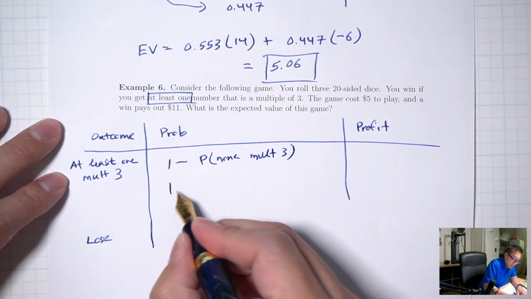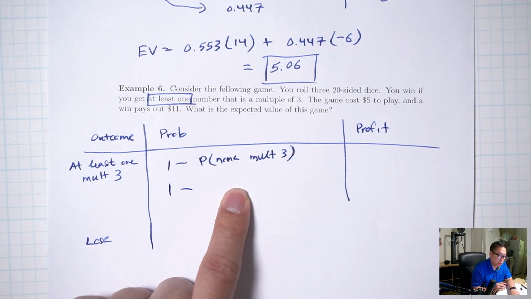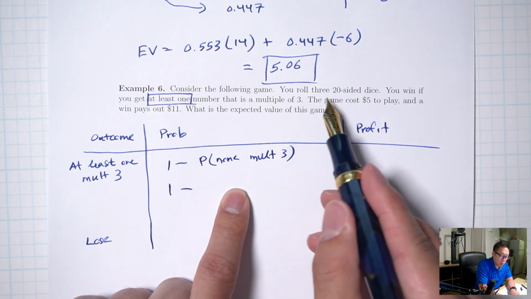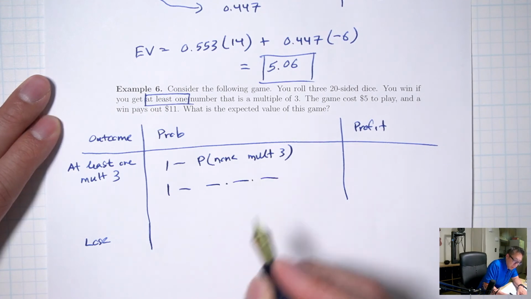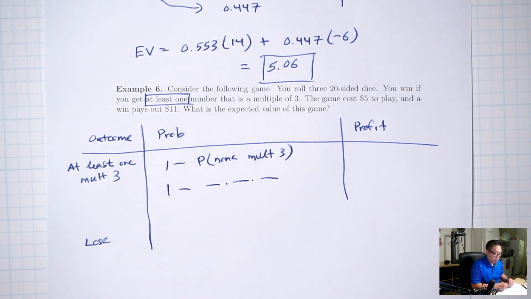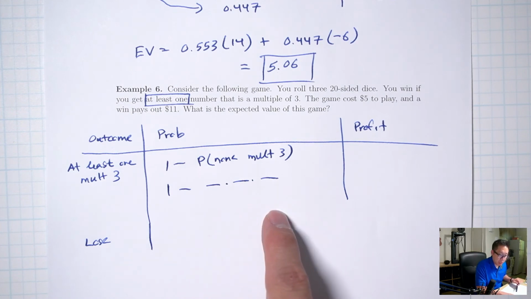This is going to be 1 minus. How many fractions do I need? Usually it's either 2 or 3 fractions, depending on how many dice or cards you're using. Here we're rolling 3 dice, so 3 fractions. None of them a multiple of 3 means not a multiple of 3, not a multiple of 3, not a multiple of 3.